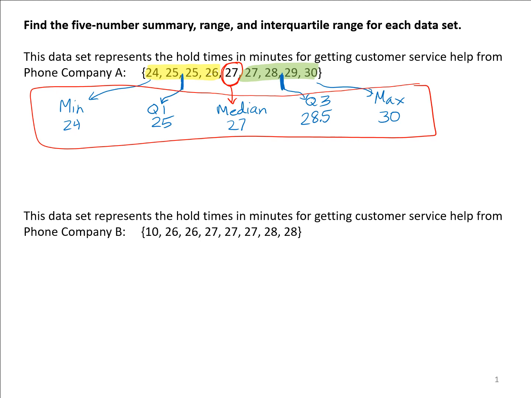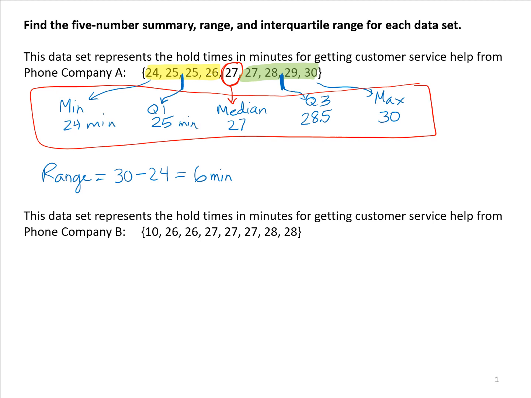Now, looking at the range, which would include all of the data, the distance between the low and the high value, we would simply subtract the high, or the maximum, and the minimum, the low value. So the range for this data set is 6. And remember, these are all minute values, how many minutes you're on hold for.